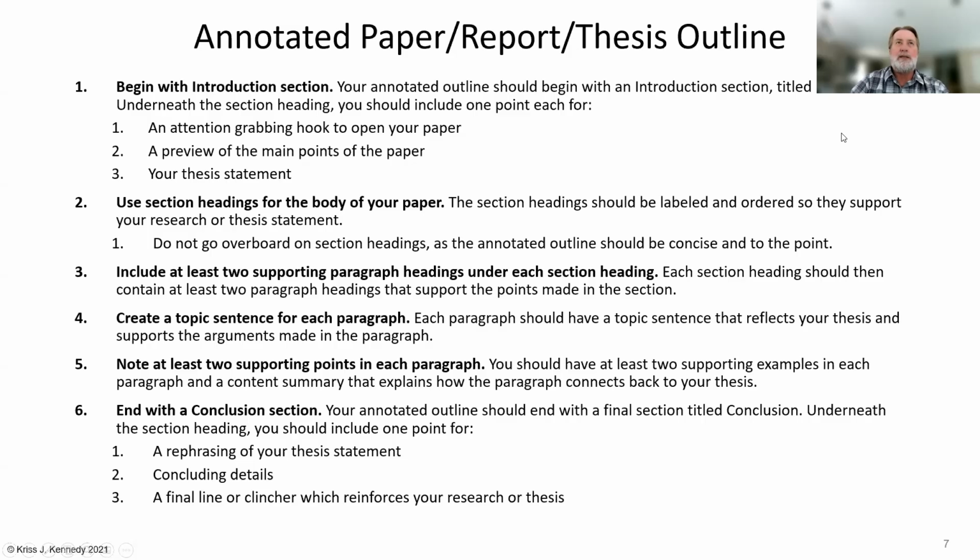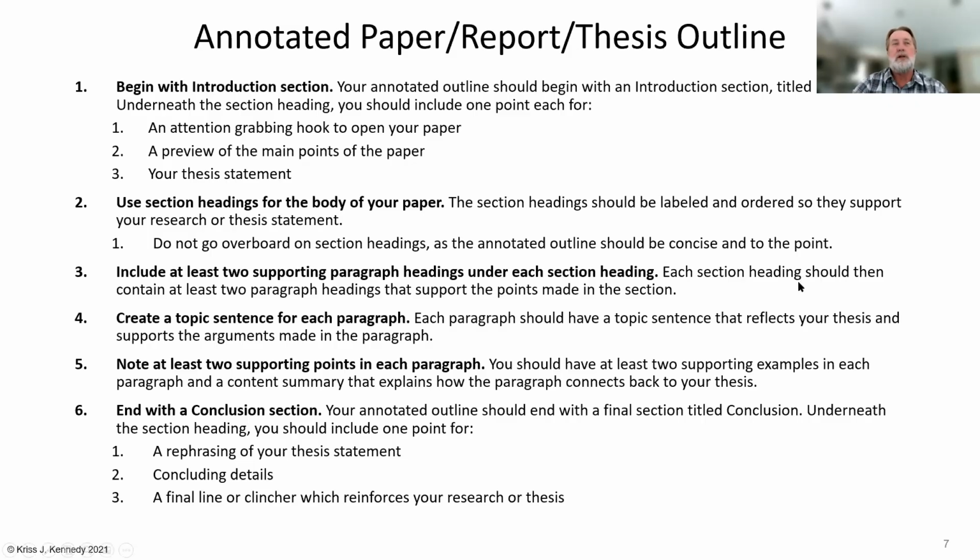So in essence, an annotated outline is you take all the different sections of your paper and the paragraphs or subsections, and you write a short 1, 2, 3 sentence description of the intent of each of those sections. You don't want to go overboard in writing too much, but you want to write enough about the intent of each of those sections.